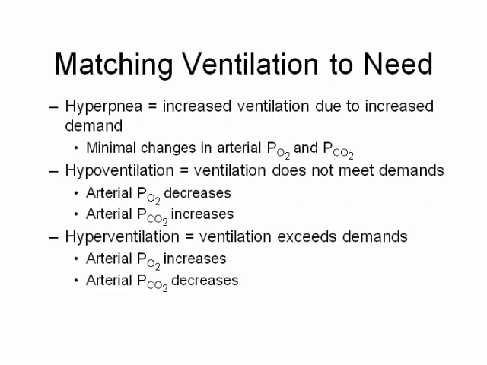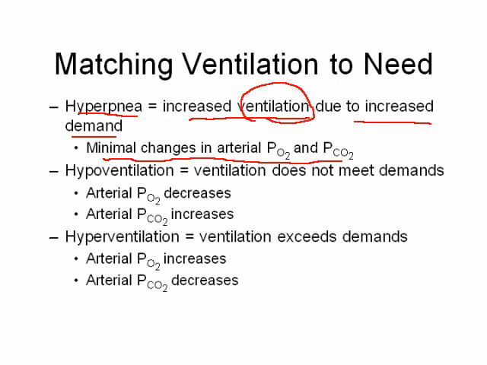Now, with this, we have to match ventilation to the need. So there are several terms that are used here. Hyperpnea is when there's increased ventilation due to increased demand. And this is going to mean that there are going to be minimal changes in arterial partial pressure for oxygen and CO2, because the increased ventilation is going to match the demand, which means we're bringing in more oxygen when it's being used and we're blowing off more CO2 when it's being produced.